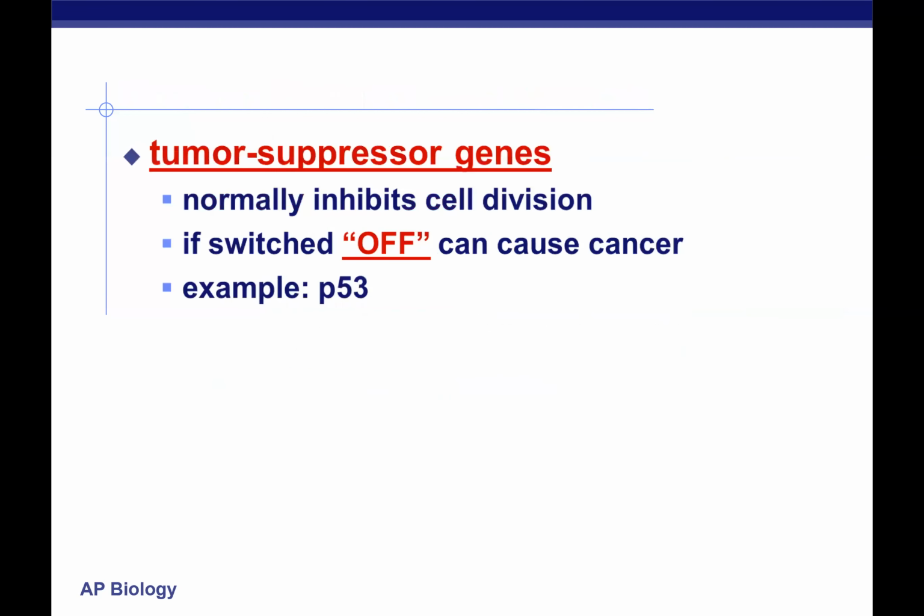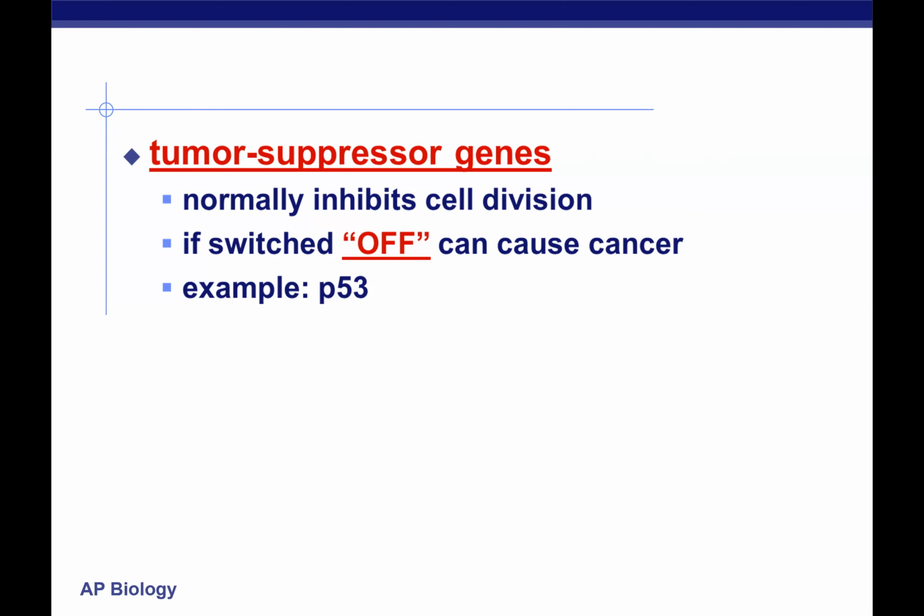So this is one part of it. Another set of genes we call tumor suppressor genes. As I mentioned, human cells remain in a non-dividing phase, and they only divide when they are asked to divide.